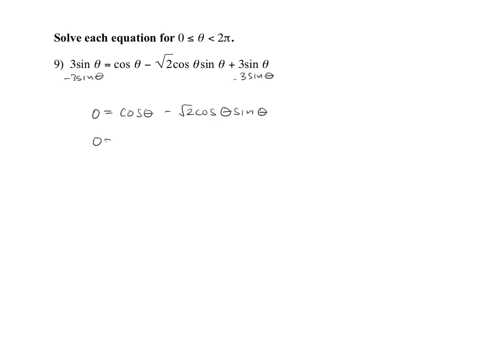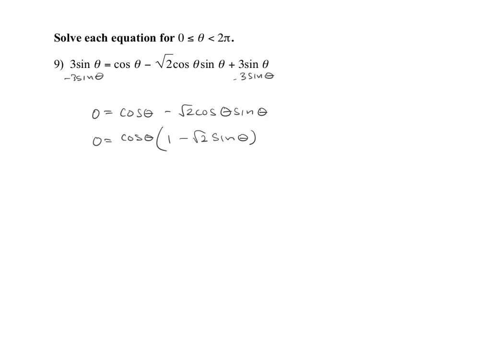And then factor out a cosine theta. So this side of the expression and that side both have cosine. So if I factor cosine out of itself, that leaves a 1. Factor cosine out from here, that leaves root 2 times sine theta.